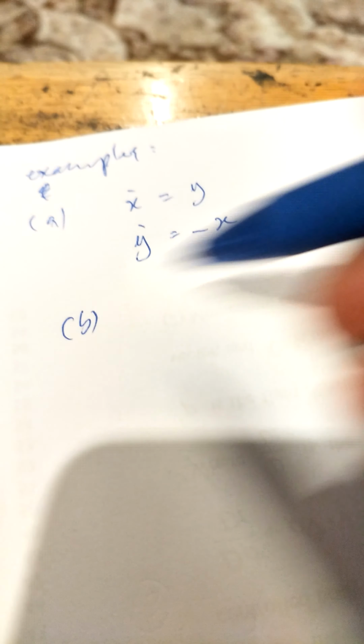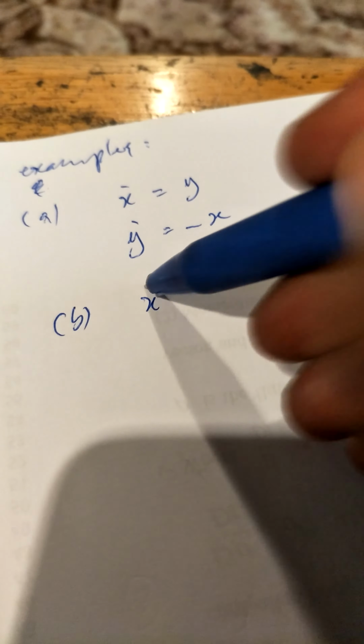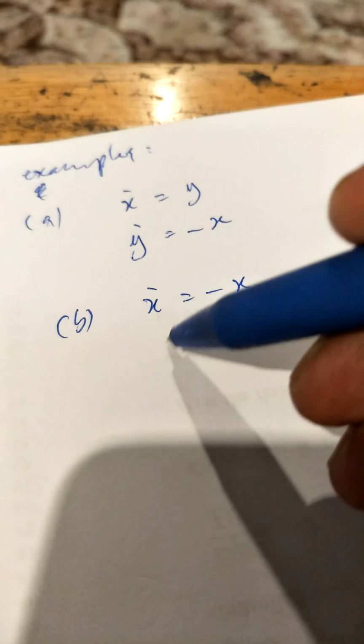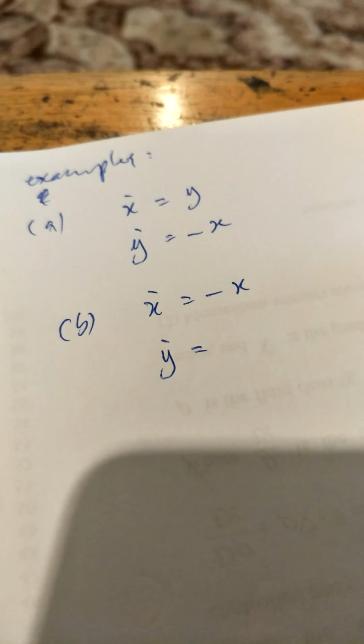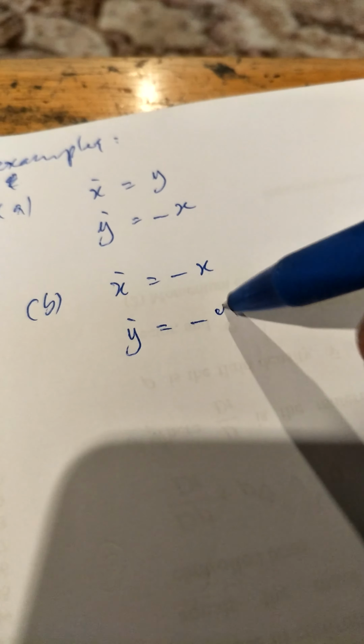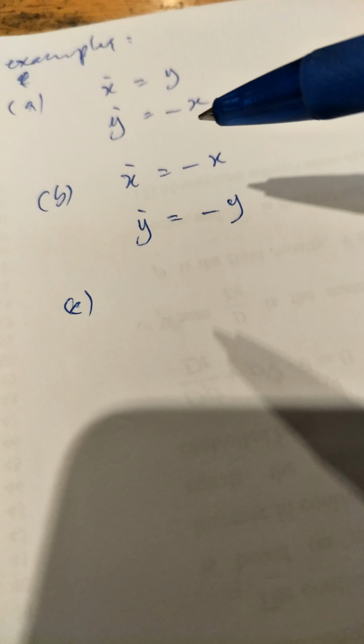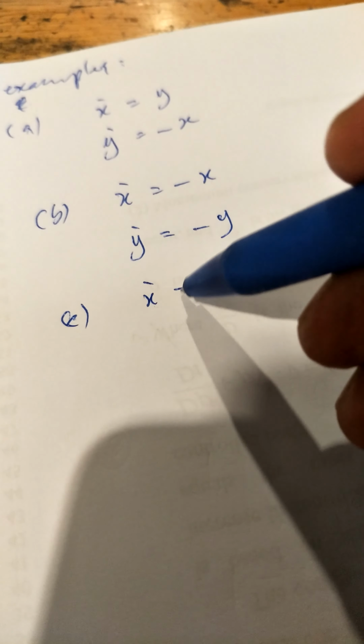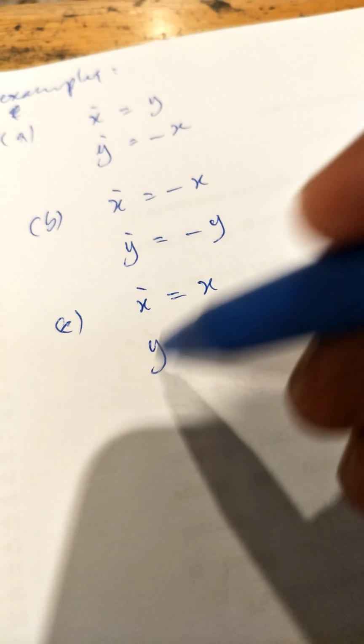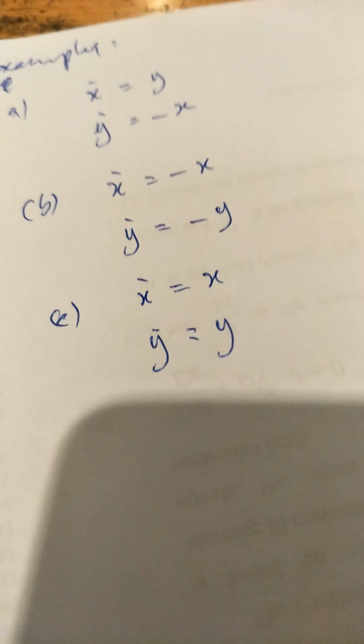Second example: x dot equals minus x, y dot equals minus y. And a third example: x dot equals x and y dot equals y.